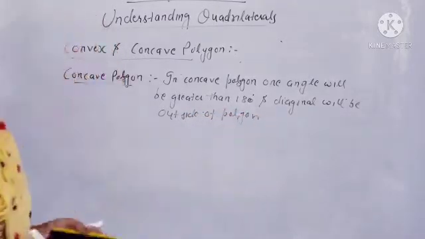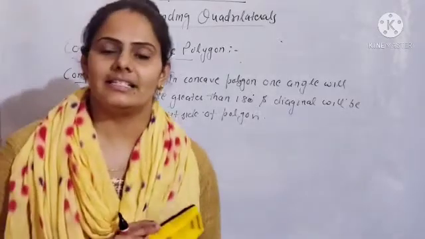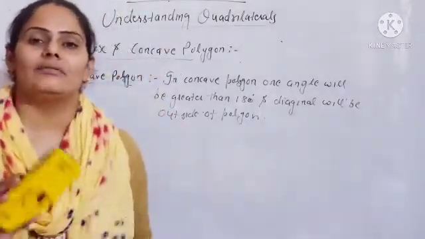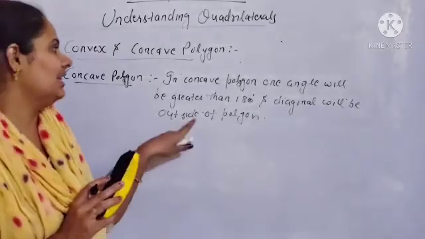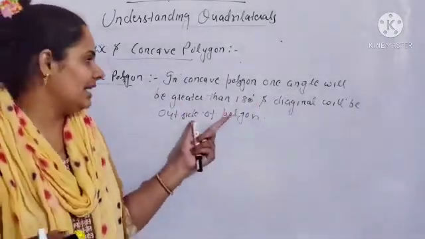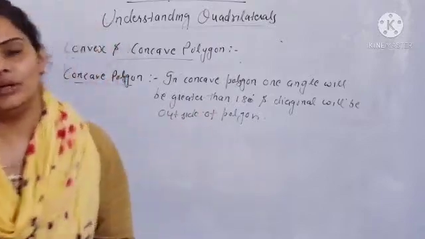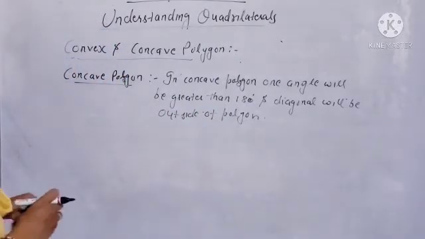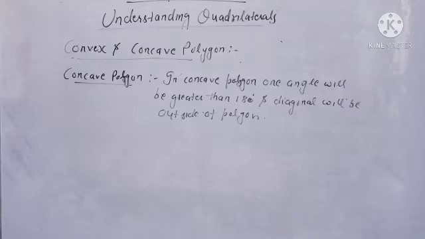Okay, so in a convex polygon, all the angles will be less than 180 and all the diagonals will be inside of the polygon. But in a concave polygon, one angle measure will be greater than 180 and one diagonal can be outside of the polygon. Okay, for example, I am making a diagram like that.